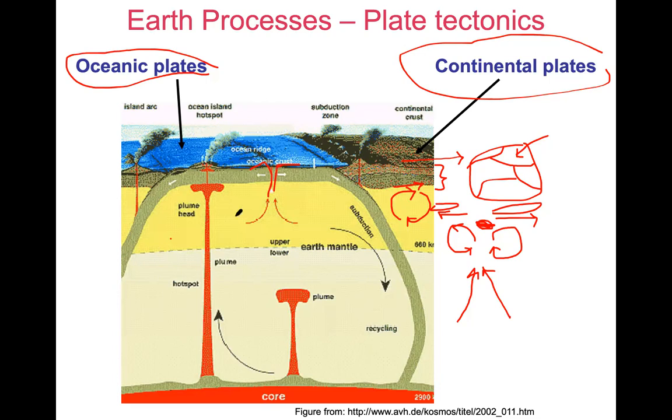This is happening in the middle of an oceanic plate, mostly in the middle part. Therefore we call this region the mid-ocean ridge, because the magma generated is accumulated and makes something like a mountain.